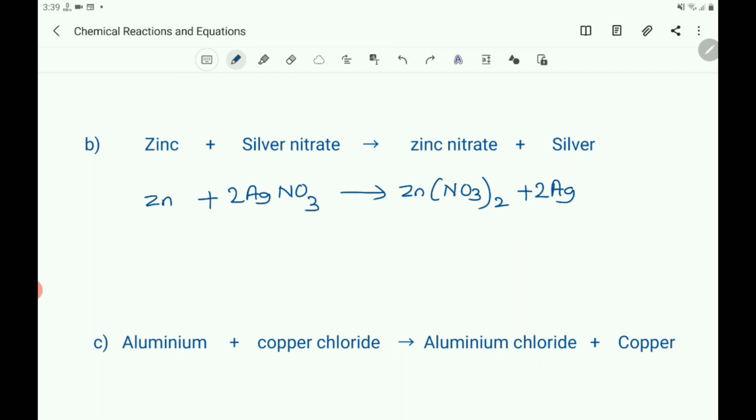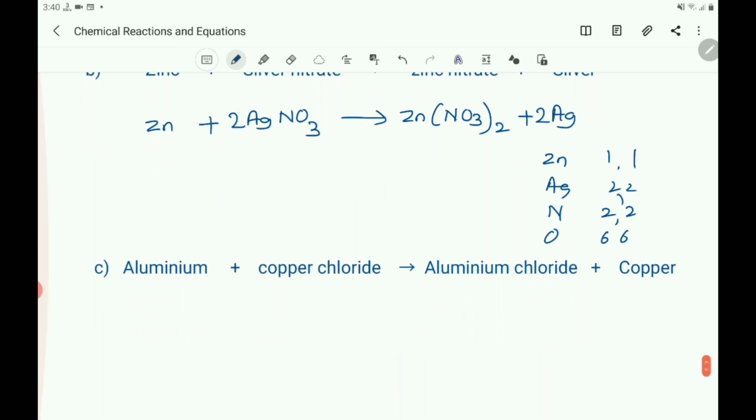So nitrogen is also balanced. Now here Zn, single atoms on both the sides. Verify here Zn 1 atom, Ag 2 atoms, and N 2 atoms, and also oxygen 2 3s are 6 atoms. In this way the equation is balanced.